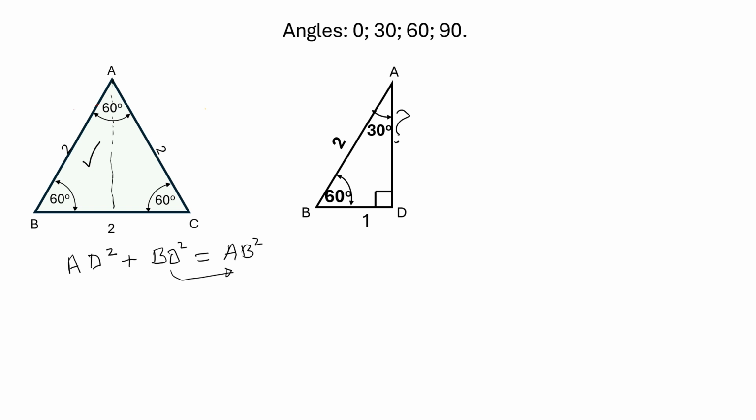So we now have AD squared equal to AB squared minus BD squared. AB we know to be 2, that's 2 squared. BD we know to be 1, that's 1 squared. And this gives us 4 minus 1.